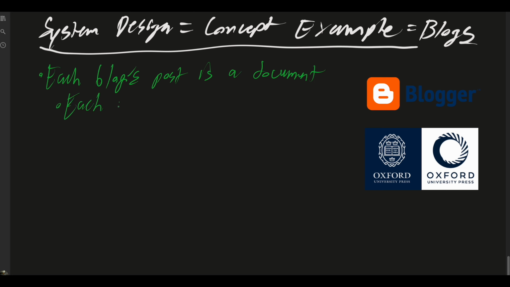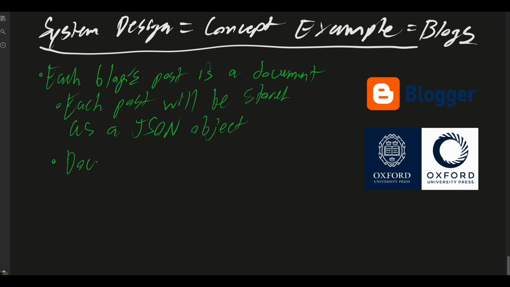Each post will be stored as a JSON object. We're doing a document database, which includes the title, content, author, and comments.